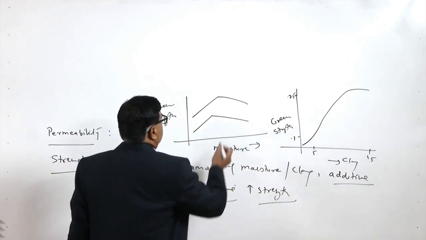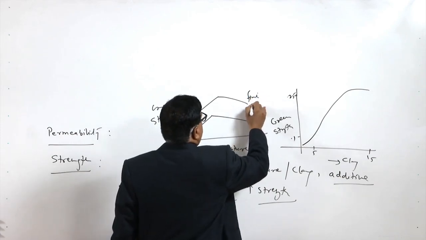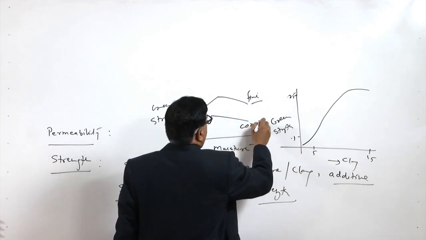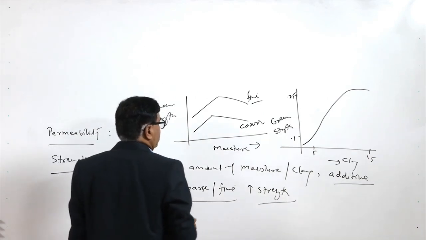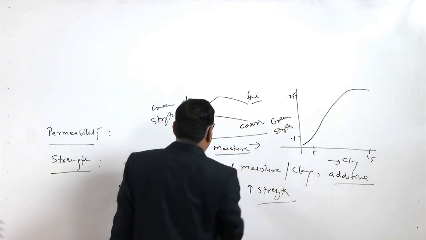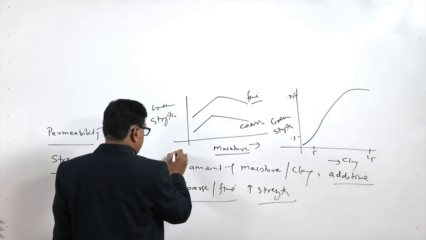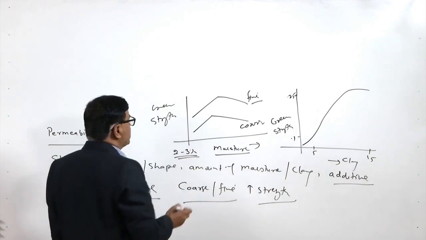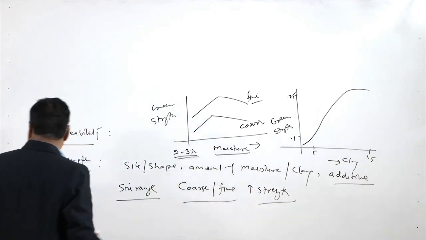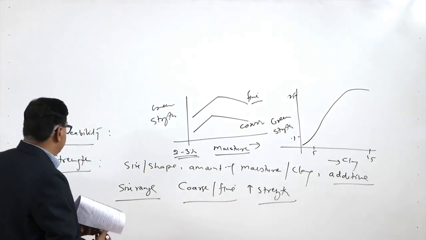Finer is the particle, more moisture it can absorb as compared to the coarse ones. Accordingly the strength is affected. As we have said, 2 to 3% moisture is needed to activate the clay, so that the bonding can be facilitated.